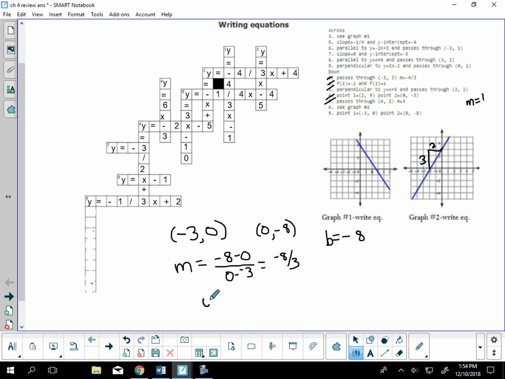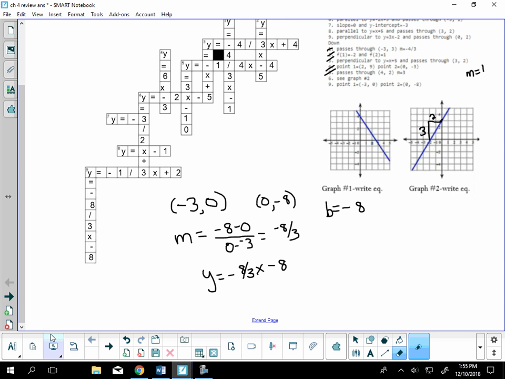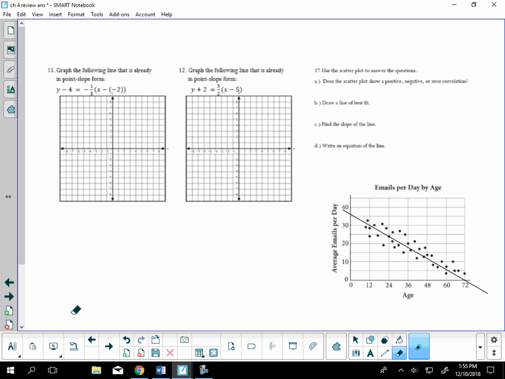So my equation will be y equals -8 thirds x minus 8. And there we go. There is a backside to this. And I'm going to do a separate video for these 3 problems.